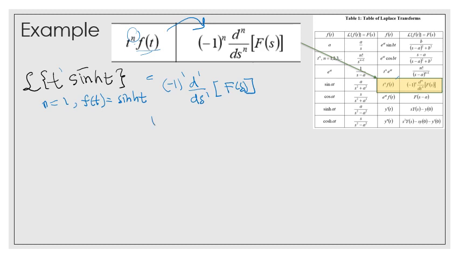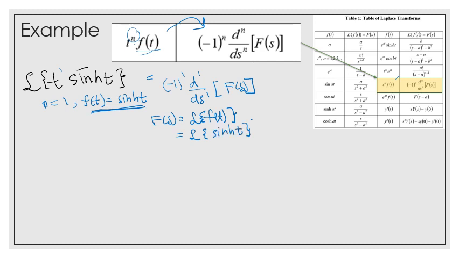Remember F(s) is equal to Laplace transform of f(t). So what is f(t)? We have defined the f(t) just now. So to get the F(s), we need to find the Laplace transform of sinh t.